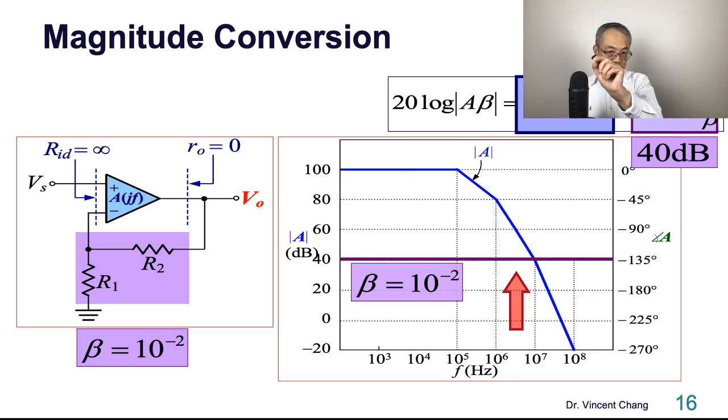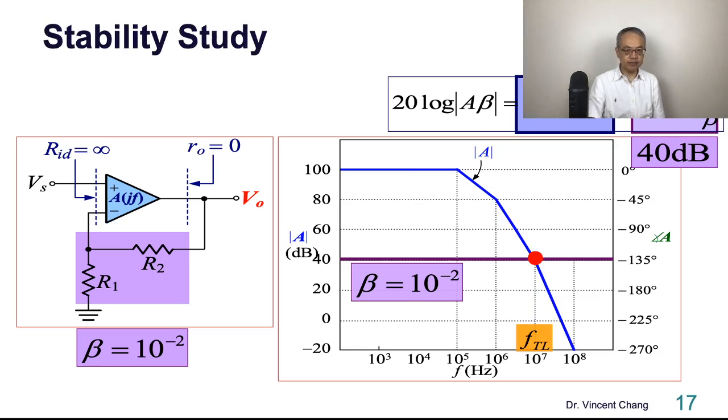So this is the new frequency axis, the purple line, for loop gain, for A beta. And the intersection represents what? Remember, the unity gain frequency for loop gain, FTL. And at this frequency, apply what you learned before.